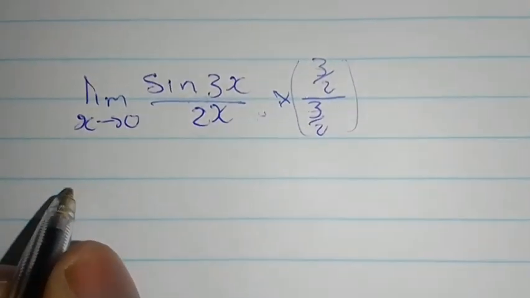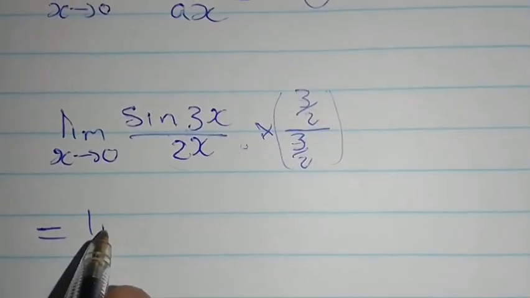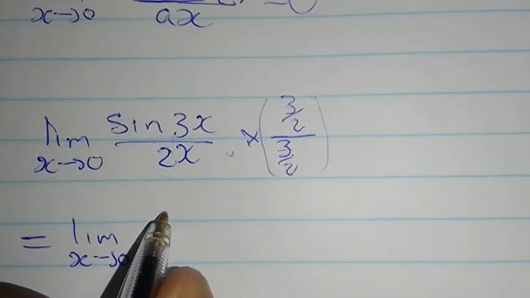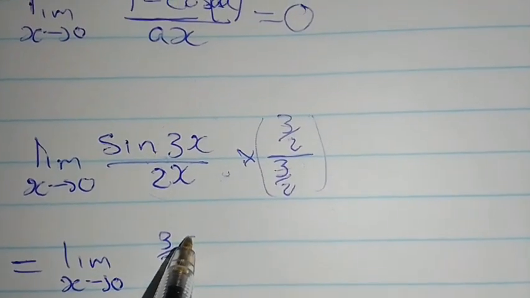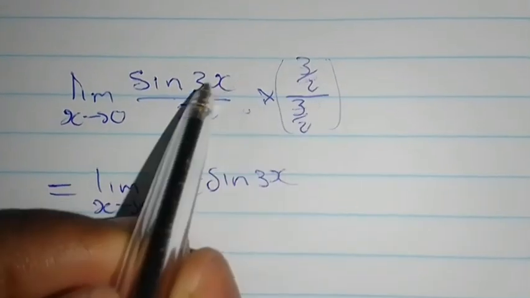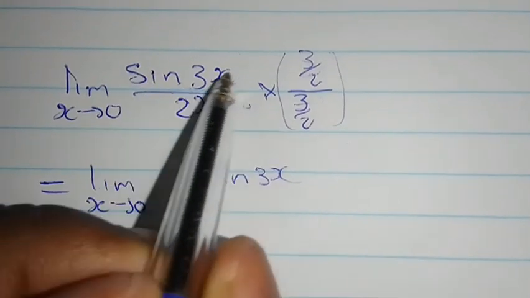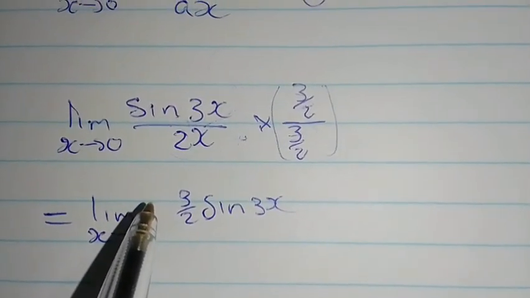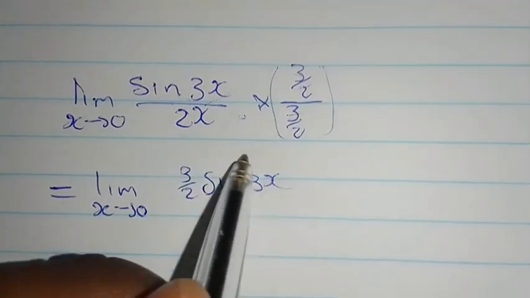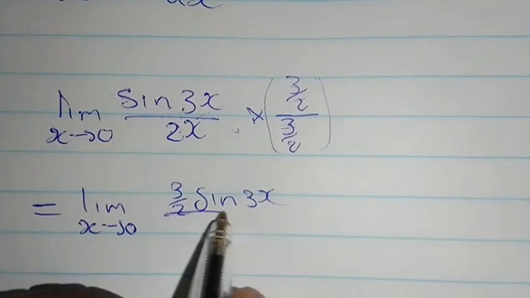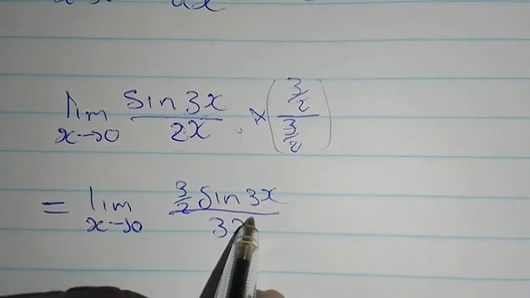Now you'll have this to be the same as the limit when x goes to 0 of 3 over 2 multiplied by sine 3x, and in the denominator, the 2 and the 2 will cancel, and then you'll have 3x.